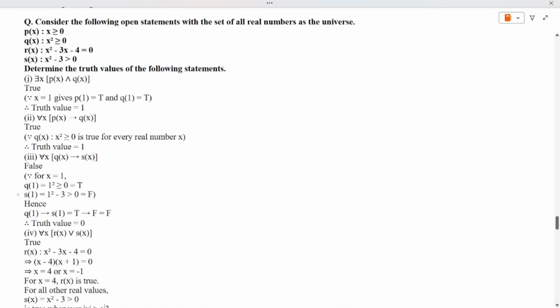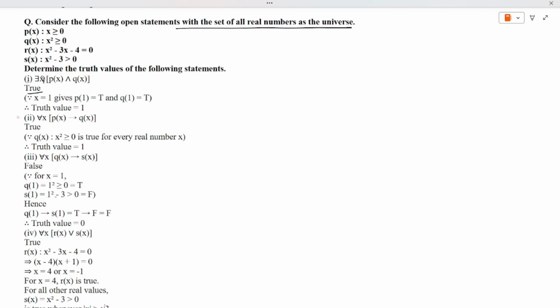Next they have asked, consider the following open statements with the set of all real numbers as the universe. P of x: x greater than 0; q of x: x square greater than or equal to 0; x square minus 3x minus 4 is equal to 0; x square minus 3 greater than 0. Now what you have to do is, there exists x, p of x and q of x. You have to say whether the value is true or false.